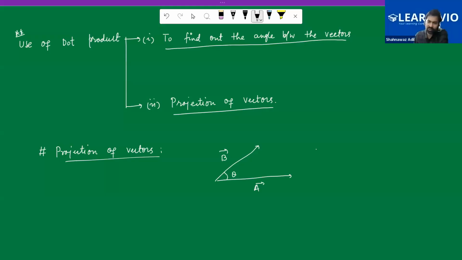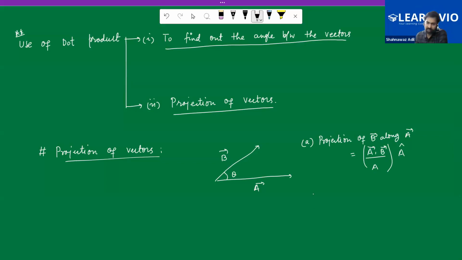So if I write, part one is the projection of B along A. That would be A dot B, and since I'm taking the projection of B along A, I have to divide by the magnitude of A, and the direction would be A hat. Is it clear?